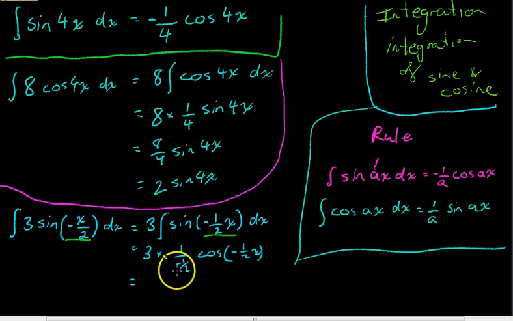Negative 1 divided by negative a half. A negative divided by negative is going to be a positive. That's going to be 2. Then 3 times 2 is going to be 6. So that's 6 cos, and negative a half x, that's just negative x on 2.